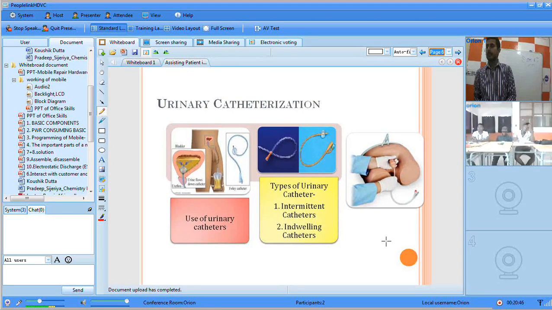Then come to the point, urinary catheterization.